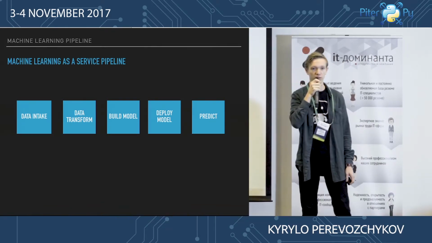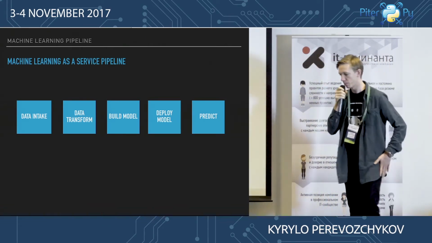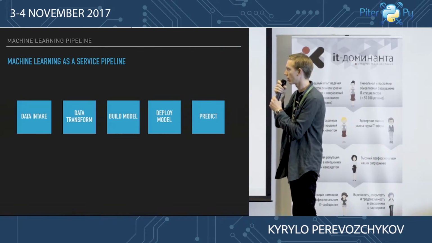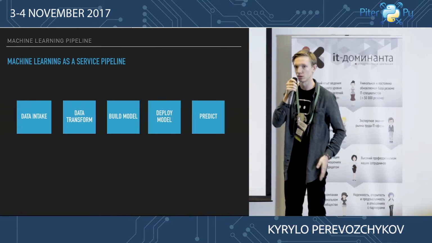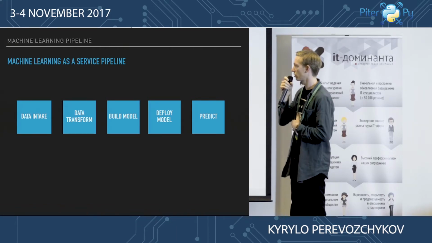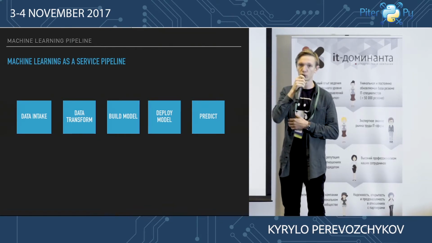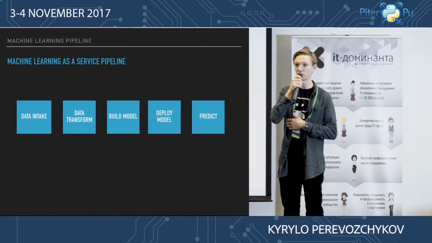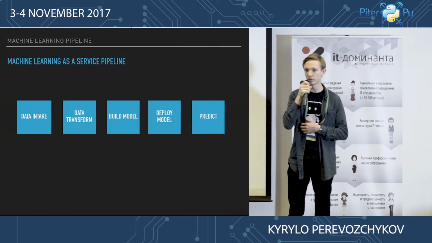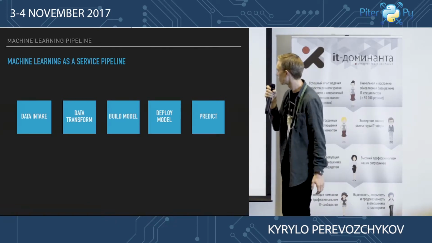Now, speaking about machine learning, what does a typical process look like? If we break it down into the simplest steps, it is just a pipeline. First of all, you upload the data, then you transform the data. Then you build a model, then you deploy the model on your server, and after that you are happy making predictions.